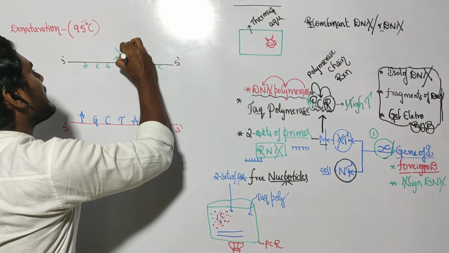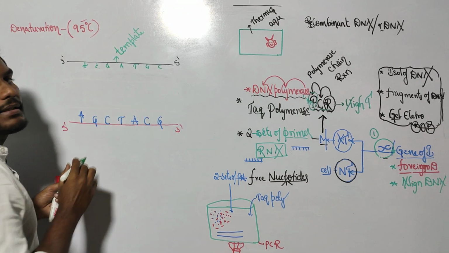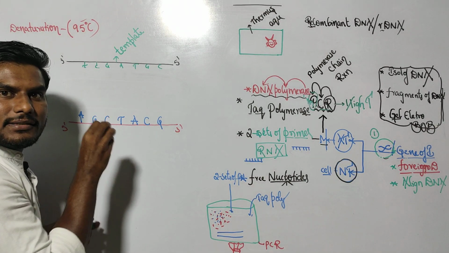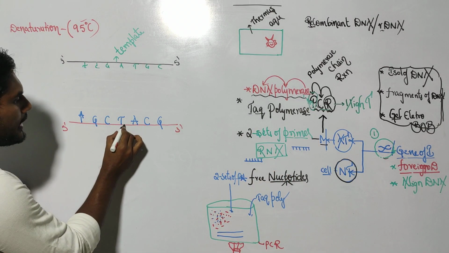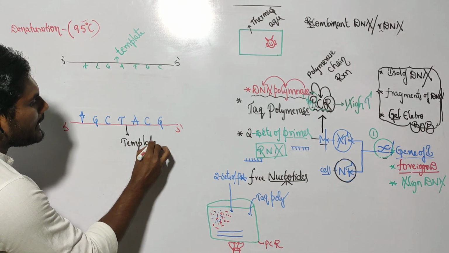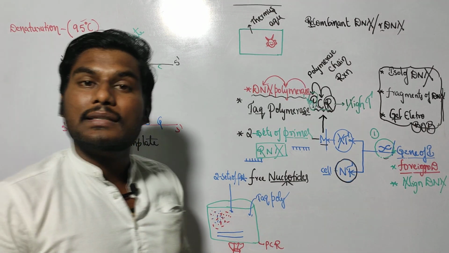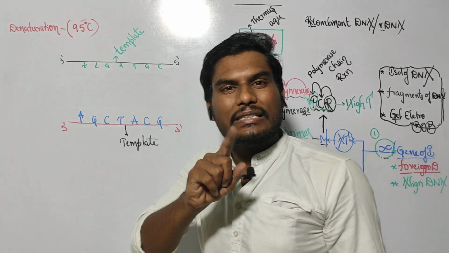So it is acting as a template. And this strand also has the capability to develop a new DNA strand, so it is also acting as a template. Both the separated DNA strands are acting as templates.